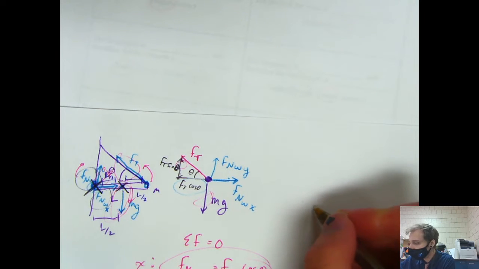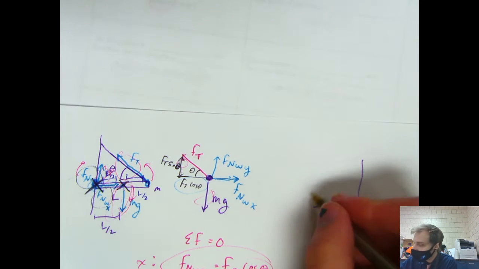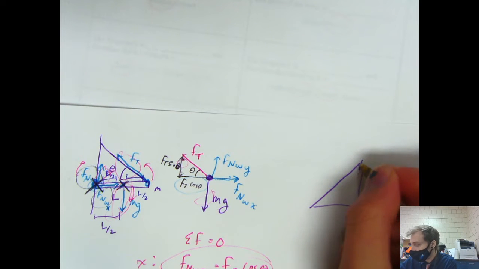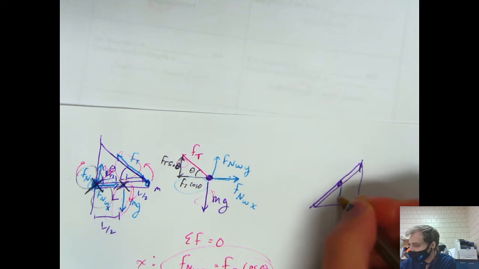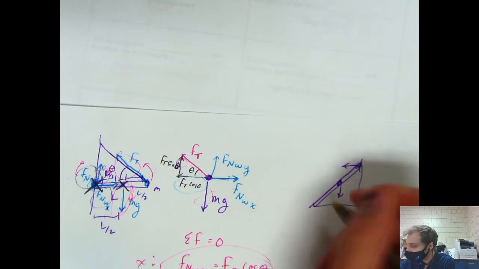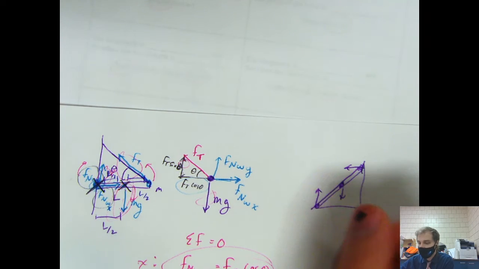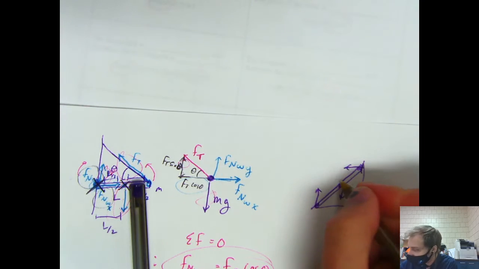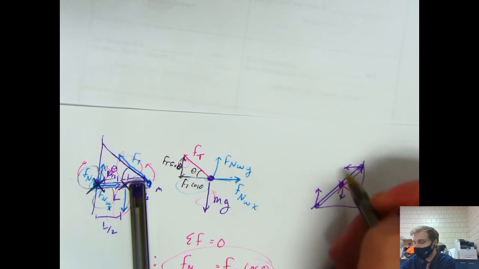If you have a ladder that looks like this with no friction, gravity goes down, the normal force from the wall goes this way, the normal force from the floor goes this way. If I put the pivot here, then these two could conceivably cancel, although they won't.